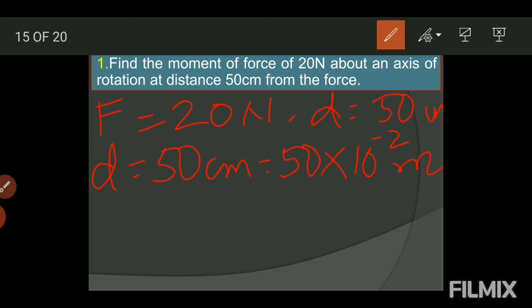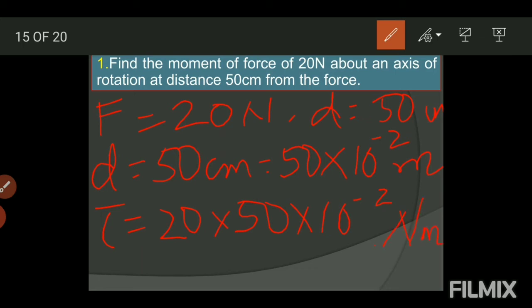So 50 centimeter will be equal to 50 into 10 to the power minus 2 meter. This is the distance covered. Now to find out the moment of force, you remember the symbol for moment of force was tau. So I have used that symbol.